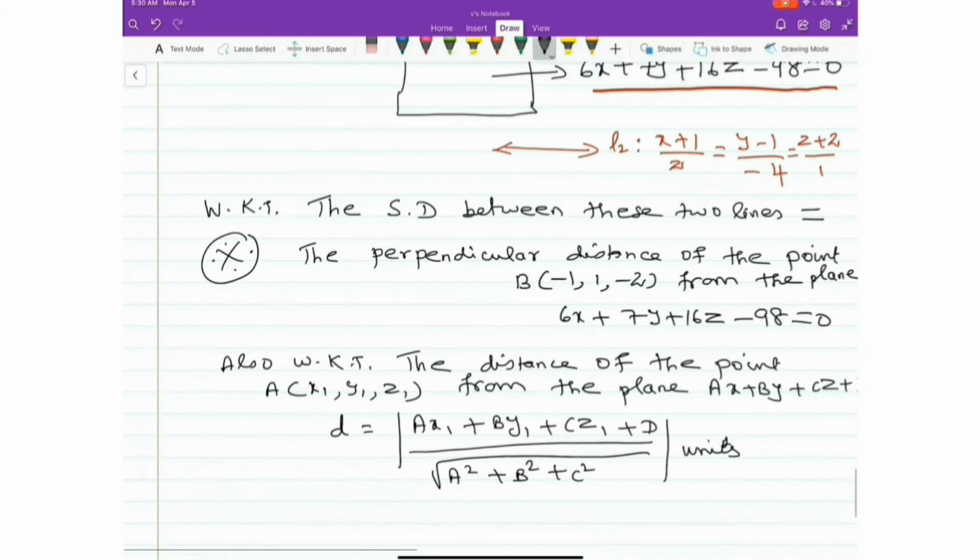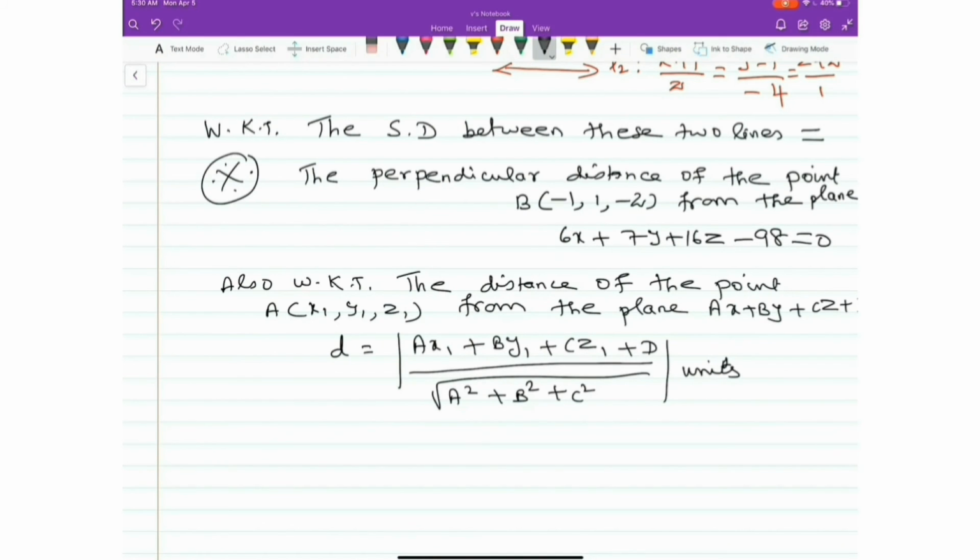Okay, let us write now. x1, y1, z1 is nothing but minus 1, 1, minus 2. And your a is the coefficient of x, which is 6. b, the coefficient of y, is 7. c, the coefficient of z, is 16. d is minus 98.